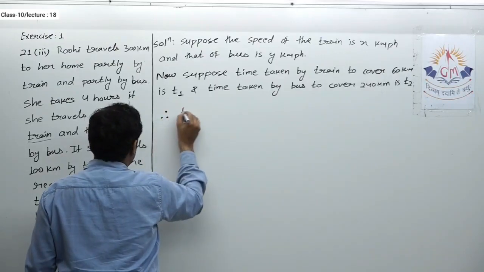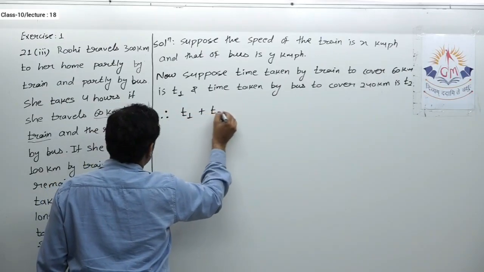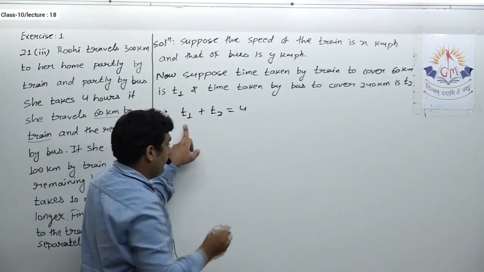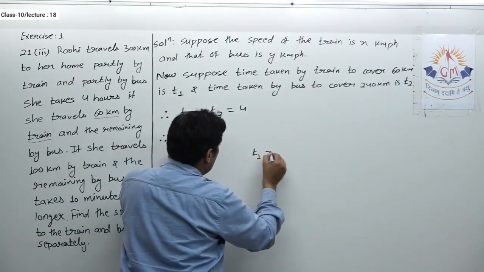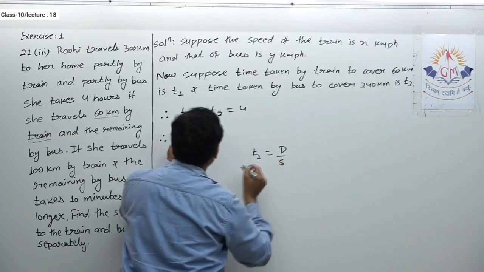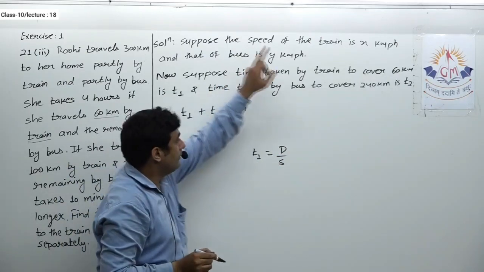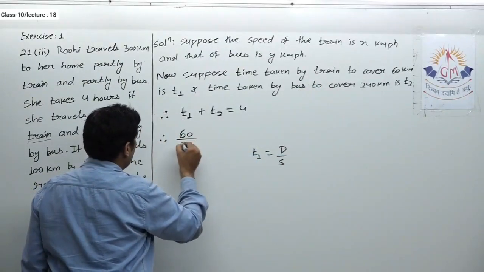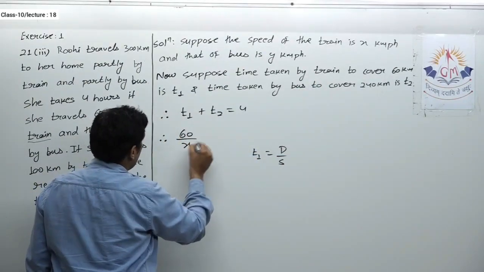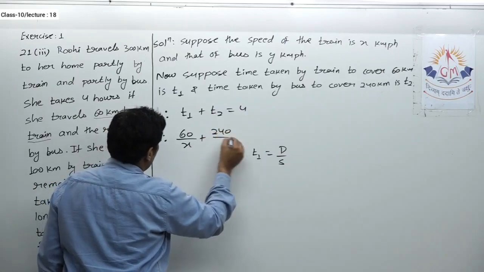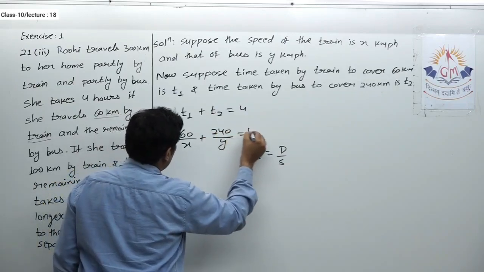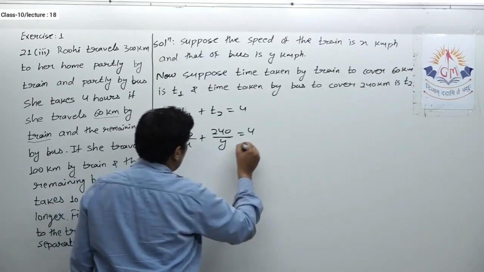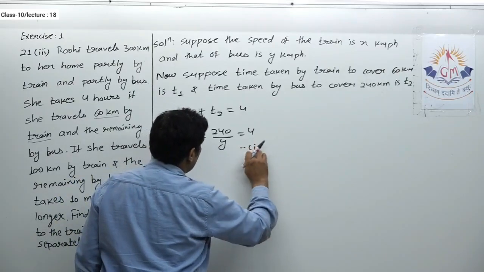Therefore, T1 plus T2 is equal to 4. Now, time is distance upon speed. Distance traveled by train is 60, so 60 upon the speed of train, that is x, plus 240 upon y is equal to 4. So this is our first equation. Let me say this is equation number 1.